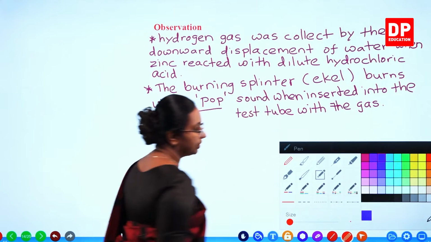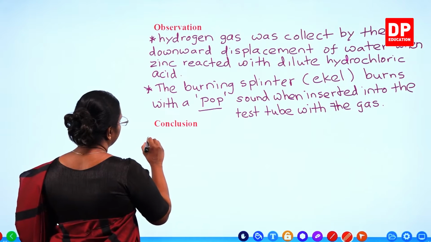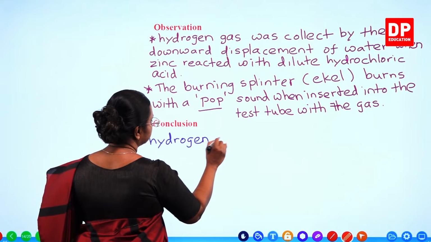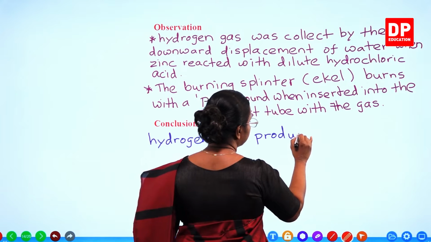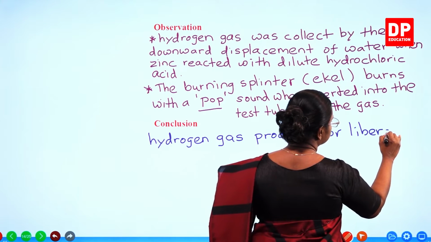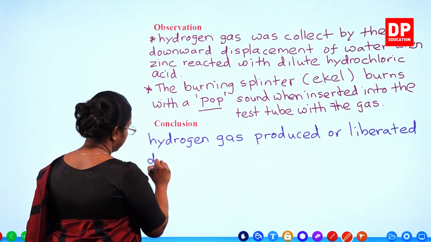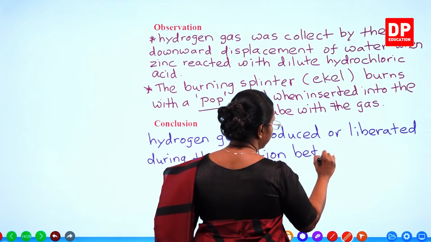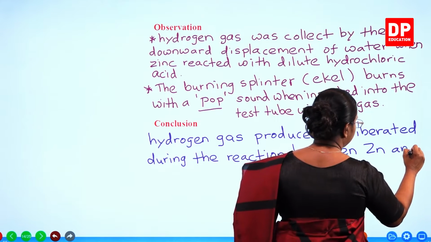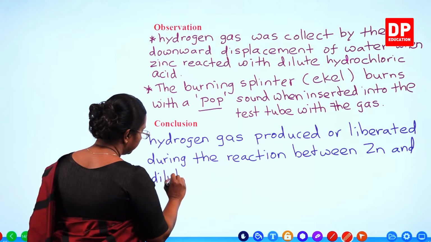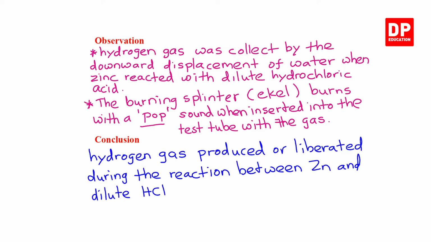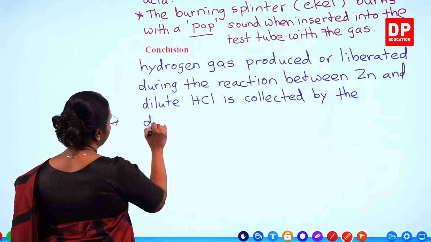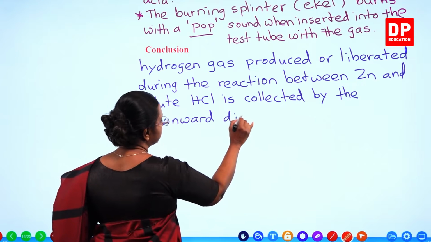And from that, what can we conclude? So here, hydrogen gas produced, or you can say liberated, during the reaction between zinc and dilute HCl is collected by the downward displacement of water.